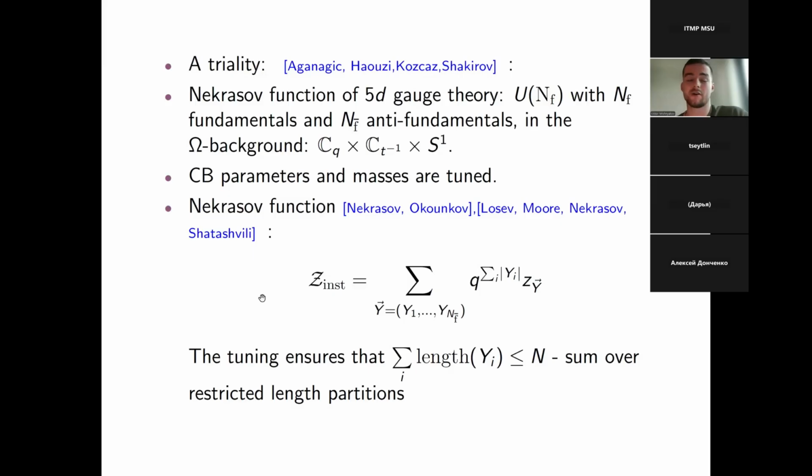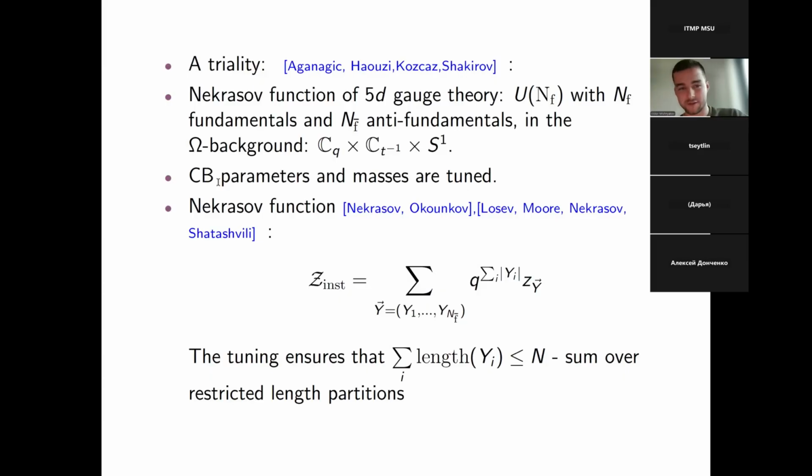So Q and T are now exponents of equivariant parameters. Again, I'm not going to go into details, and this is all described in this paper here at the top, where it's worked out, and there are also references to the physics interpretations.